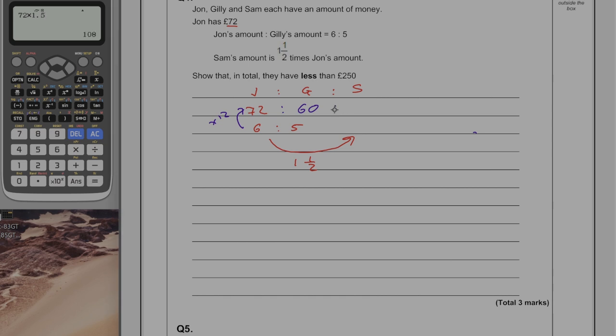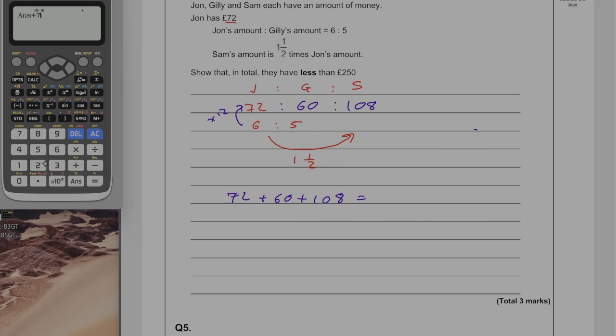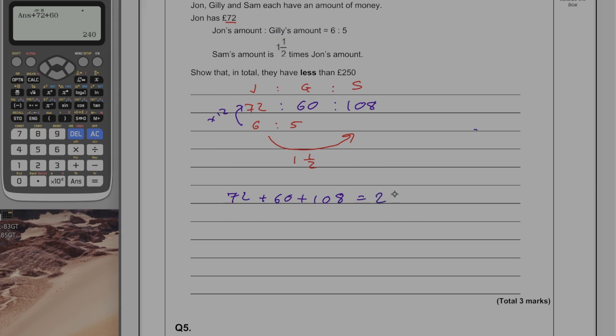So I've got all three figures now. 72 plus 60 plus 108 gives a total of £240 is their total amount. So £240 is less than £250.